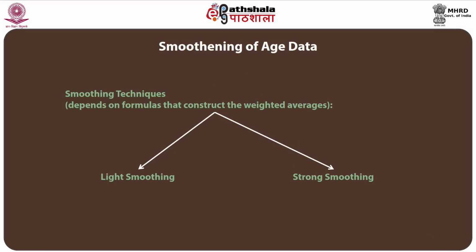Smoothing techniques may be lighter or stronger depending on the formulas that one constructs for an average. In light smoothing, the formulas give greatest weight to what was reported for the age group in question and smallest weight to the adjacent age groups.